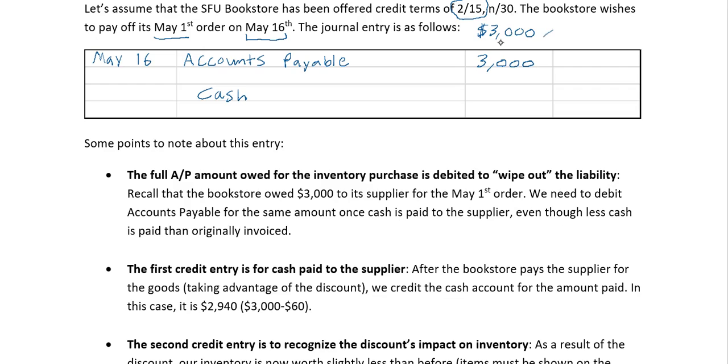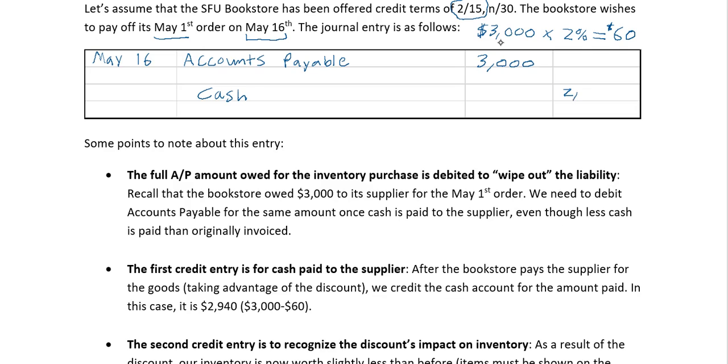So we qualify for that 2% discount. That will give us a discount of $60. So the net cash that we pay is actually 3,000 minus 60.